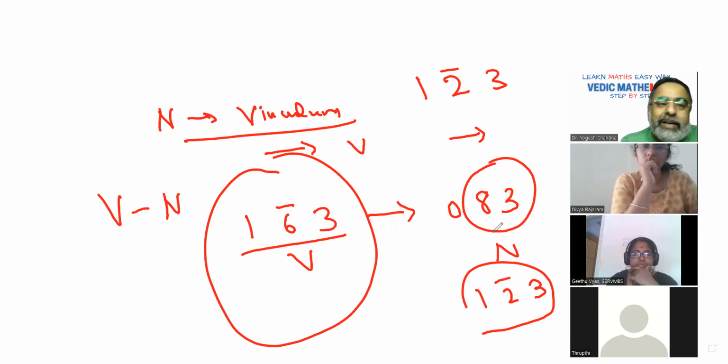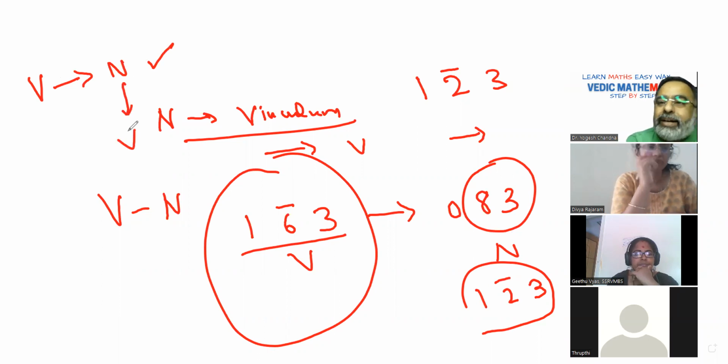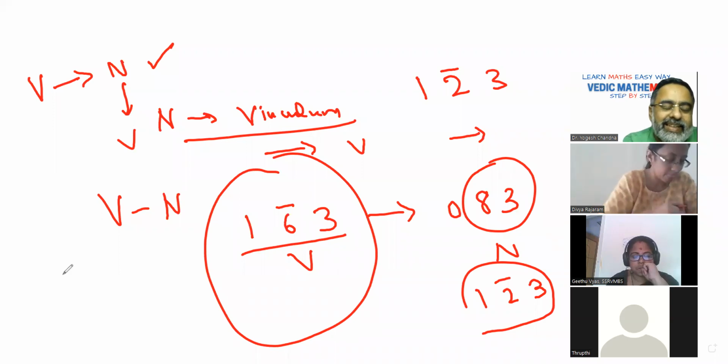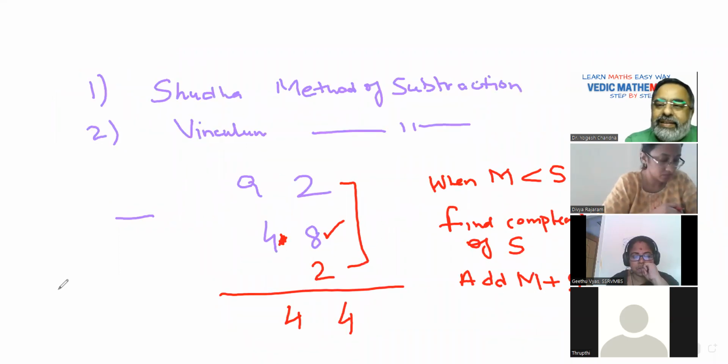Sometimes what happens is that what you get from vinculum to normal is different, and normal to vinculum is something different. It also happens. I'll give you one example. 7 bar.